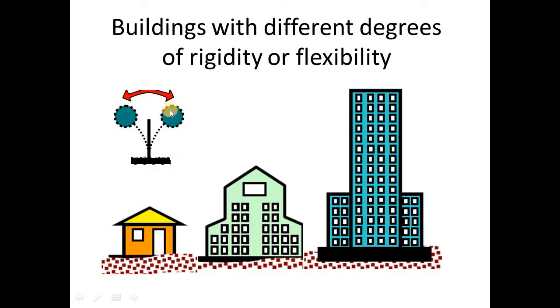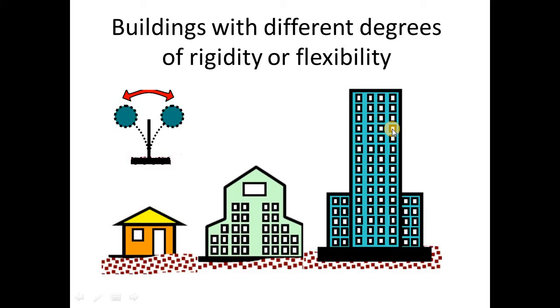So it goes back and forth very rapidly. But when the height increases, that gives some flexibility to the building, and when an earthquake hits that building, the pendulum, which represents the behavior of this building, also starts to sway laterally, but less rapidly than the rigid one.